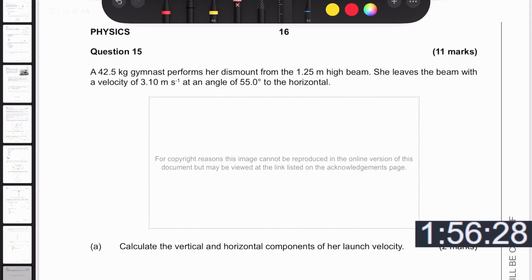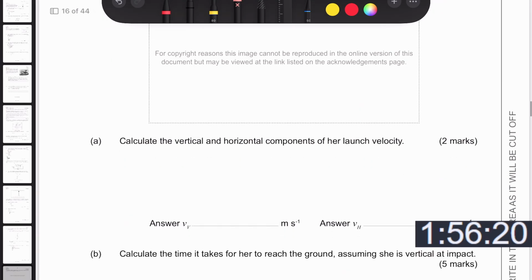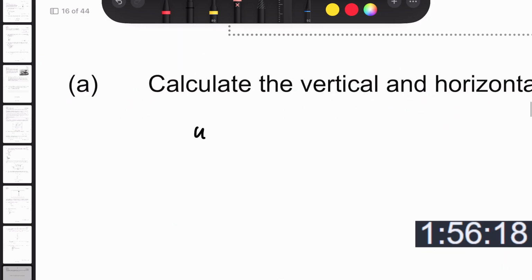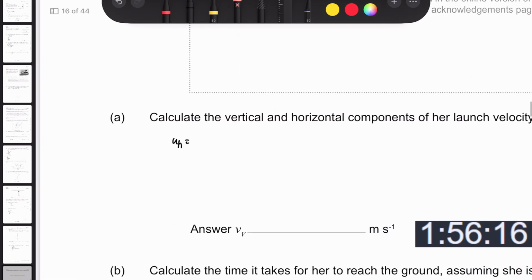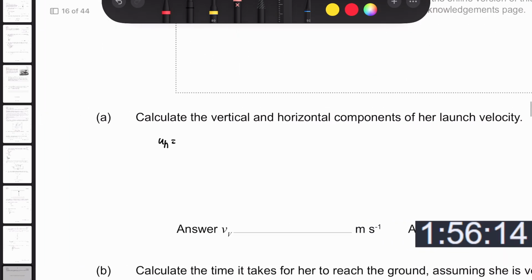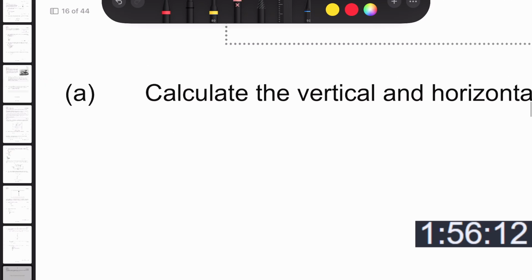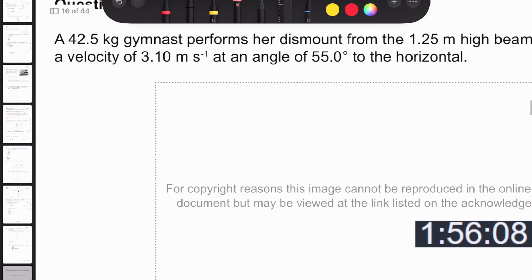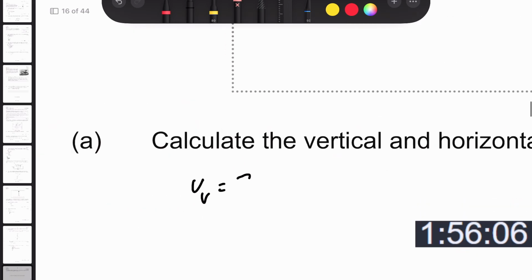A gymnast performs her dismount from a 1.25 meter high beam. She leaves the beam with velocity at an angle of 55 degrees to the horizontal. So launch velocity. Oh, they use V. Okay. So we'll go V vertical is 3.1 sine of 55.